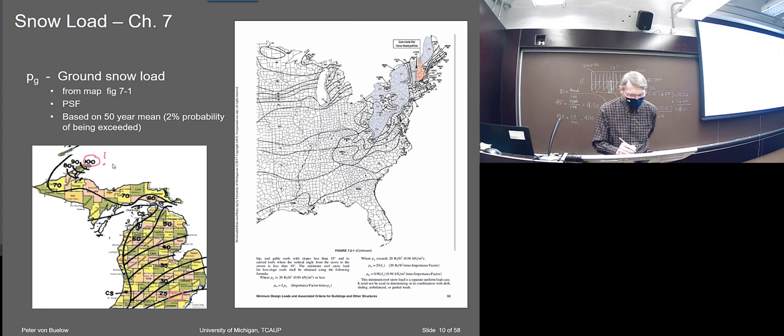so yeah, the first thing is to look at the map and figure out what your ground snow is, and then you use that ground snow to calculate first a flat roof snow load, and then if you do have a slope, you can factor in the slope on it.